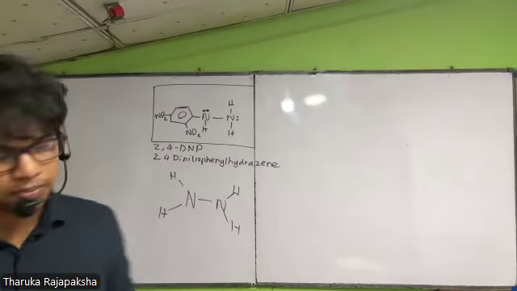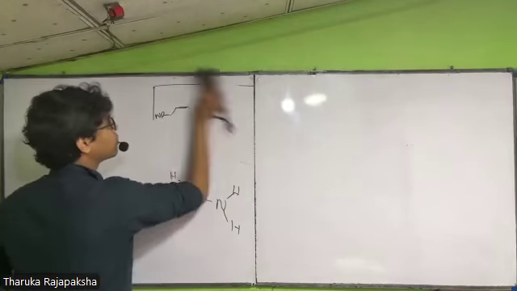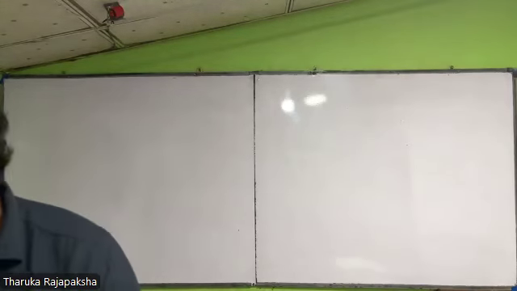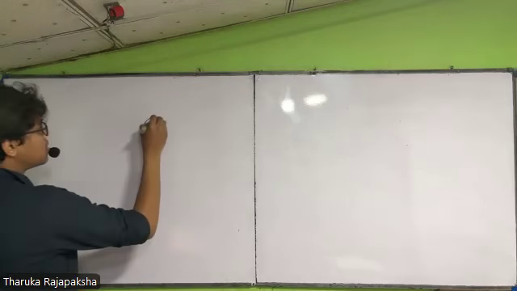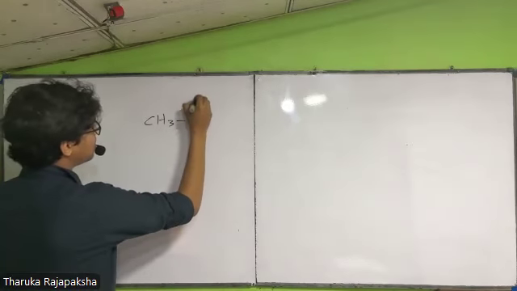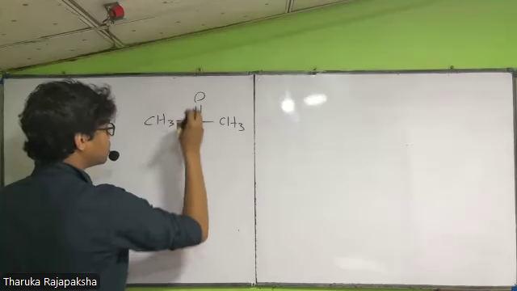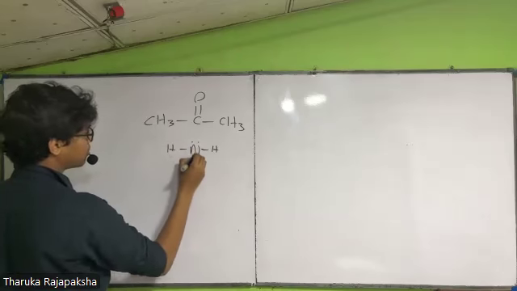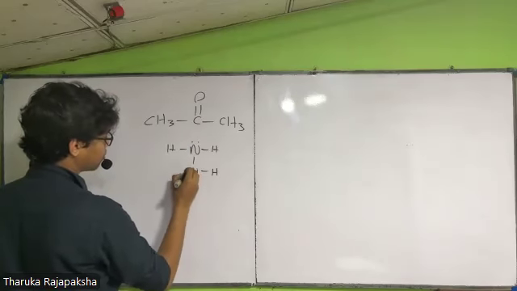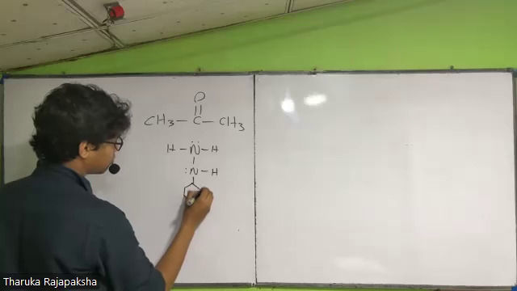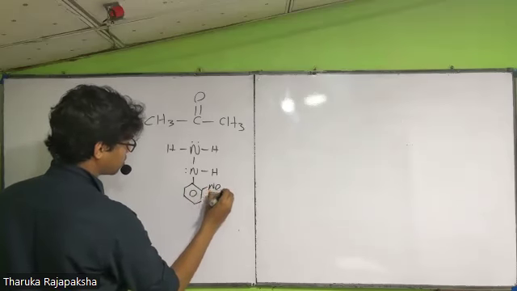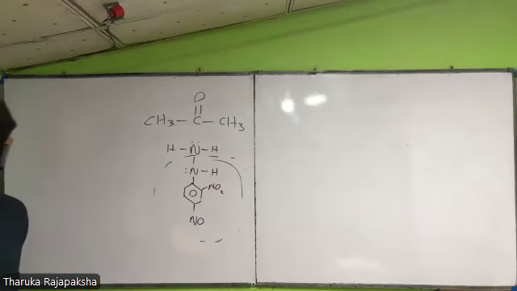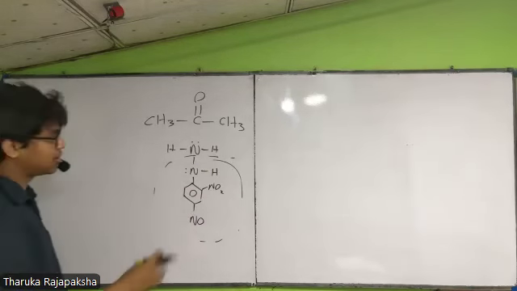Okay, now let's draw the mechanism. It's like the same as before. I'll draw the same molecule. So this is 2,4-DNP. Just ignore this part.